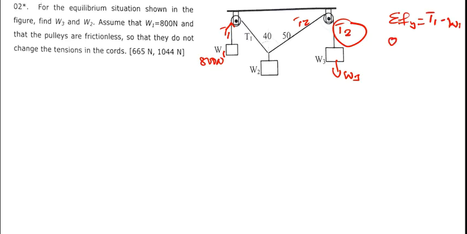Replace this with 0. T1 minus W1, which is 800. Shift 800 to the other side, therefore T1 is 800 newtons. And here the question, they have not even asked us to find T1. We're just interested in W2 and W3.